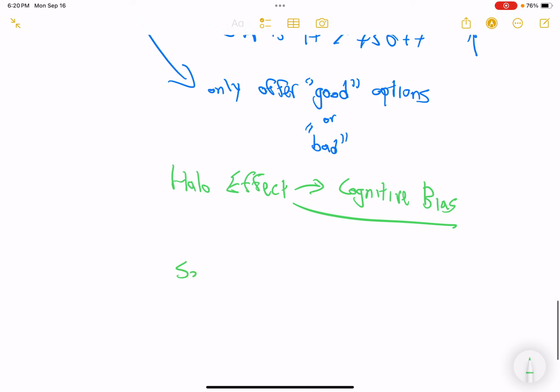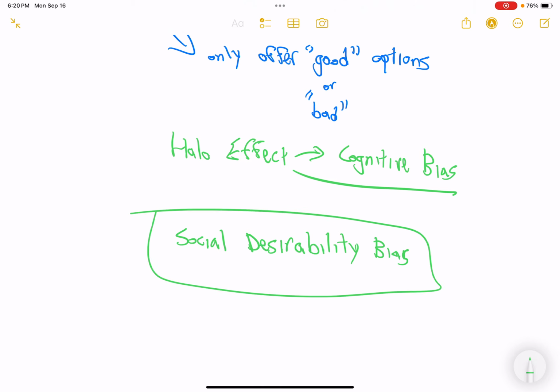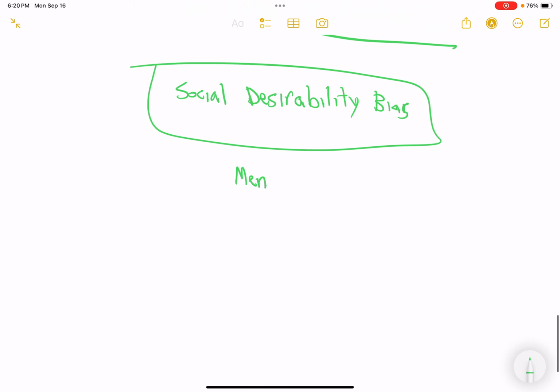And then, of course, you'll see the social desirability bias. Oh, typo. Mr. Mays works on spelling. Desirability bias. And you'll see on slide 20 that we have a situation there where men lie about their height and say they're taller, right?